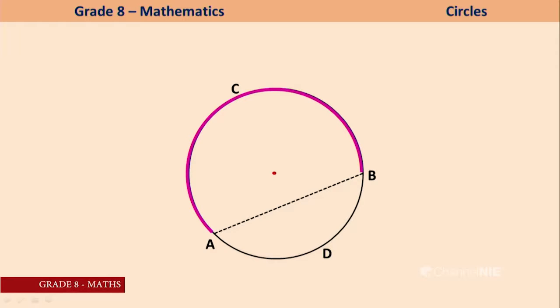So you can call this the major arc, and also you can name it as ACB major arc. Then ADB also curved line. So this one you can name it as ADB minor arc.